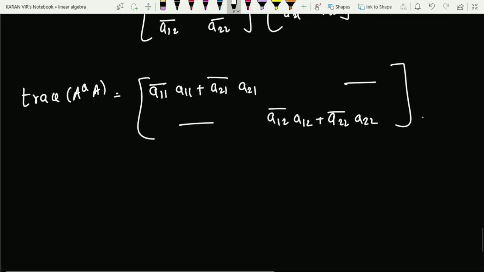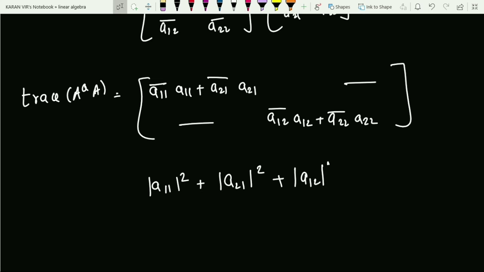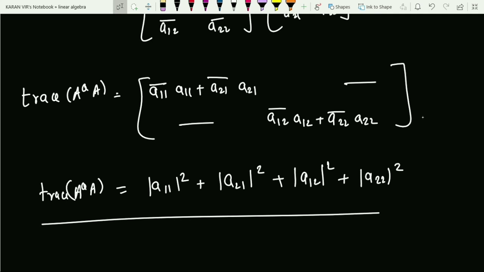Now we know that this is nothing but the modulus of a11 square, plus the modulus of a21 whole square, plus the modulus of a12 whole square, and plus the modulus of a22 whole square. That is my trace of A theta into A. So that was the case of a 2 cross 2 matrix.